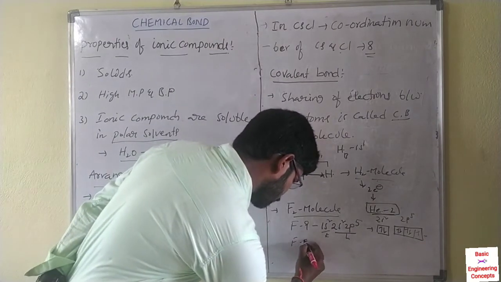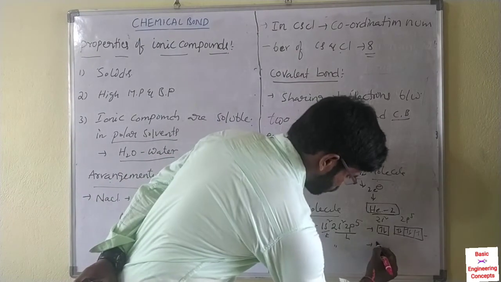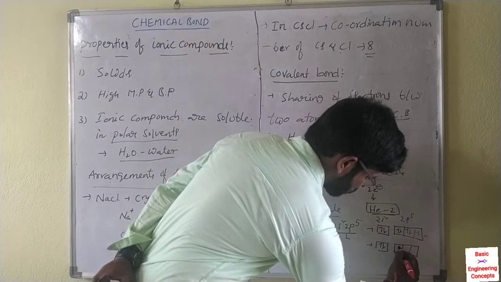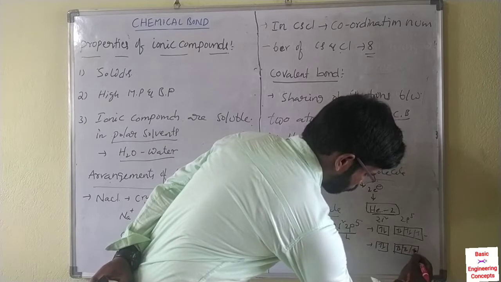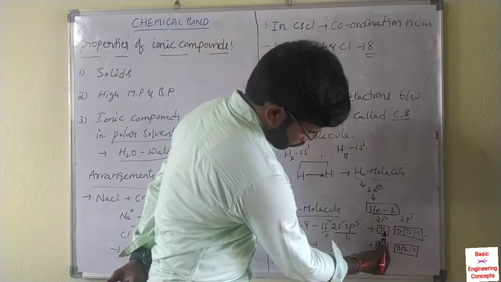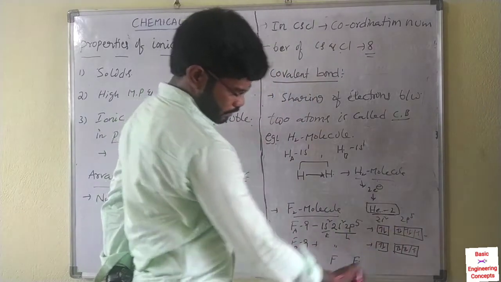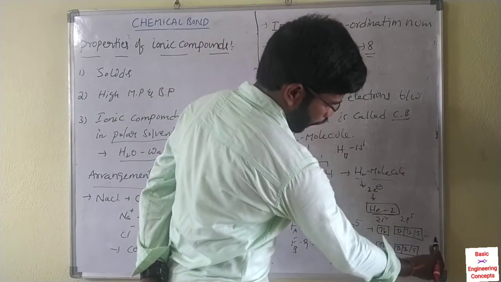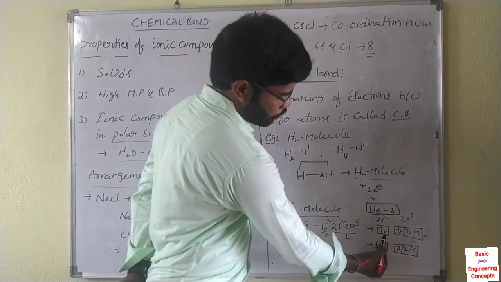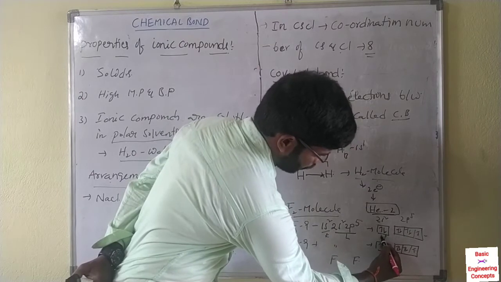So we can take another fluorine, you can say Fa, Fb. In both, the number of valence electrons is 7, that is 2, 2, 1. Here each fluorine has 3 lone pairs and one bond pair or unpaired electron. Lone pair means two electrons present in only one orbital in the outermost shell, you can say LP.